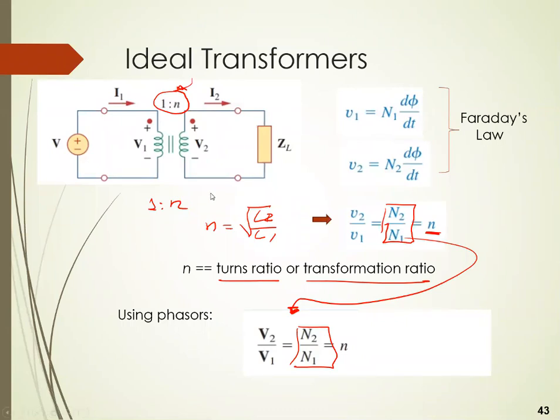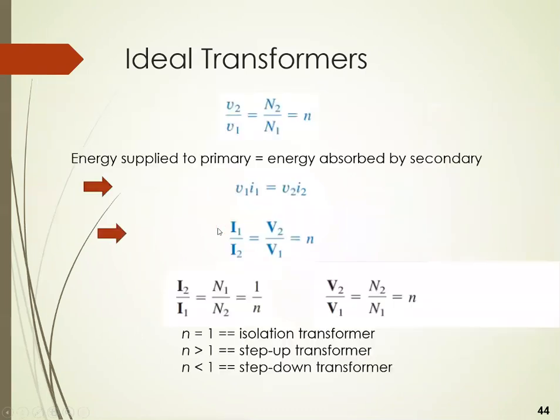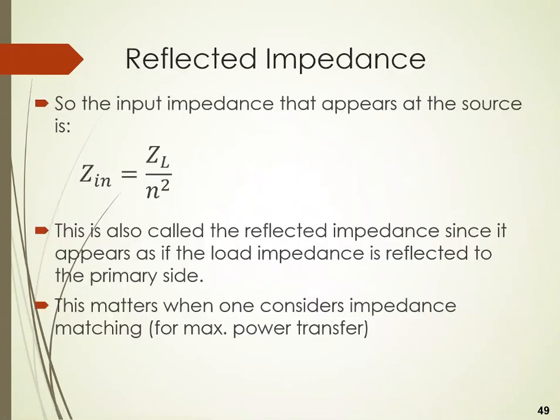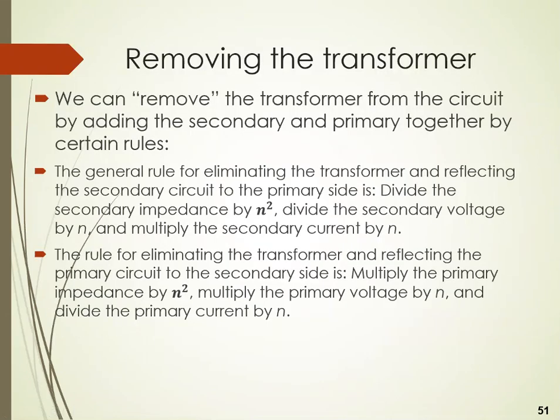The idea is that we could theoretically remove the transformer by doing a transformation. It's nothing physical, obviously; we're just doing it analytically to analyze the circuit. We can remove the coils using what is called the reflecting impedance concept, and that's what this section is talking about.